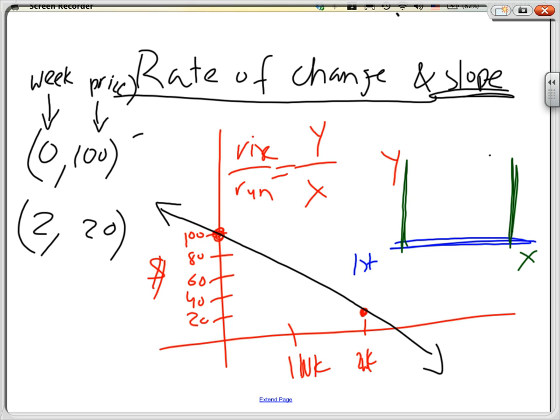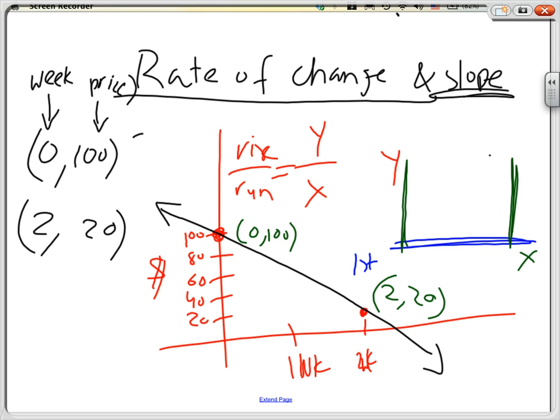Okay? So if we understand this, then it's going to be simple for us to find. Let's locate our points here. We have 0, 100, and this is 2, 20, right? Remember I told you that we have to find our foundation first? Foundation is x, right?